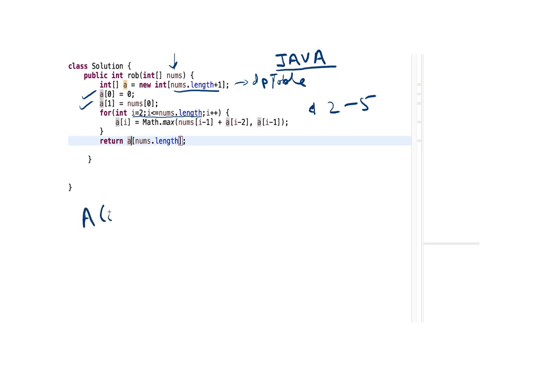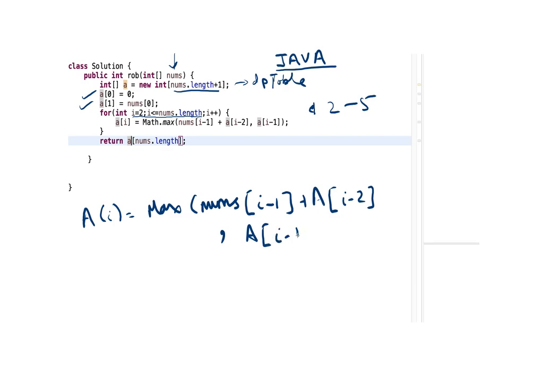So A I is equal to max of nums I minus 1 plus A I minus 2, and A I minus 1. So what happens within the for loop is essentially continuous calculation of the sub problems. So this is the same formula.